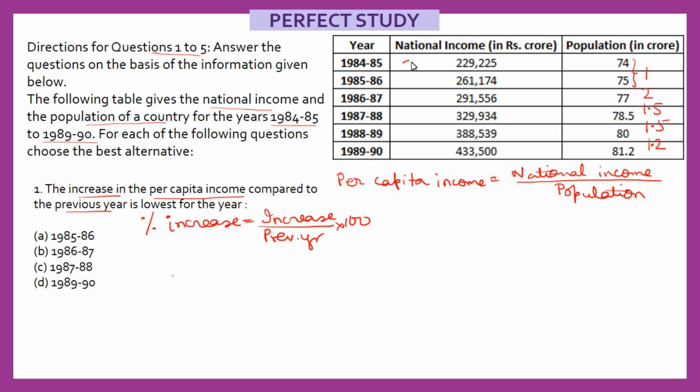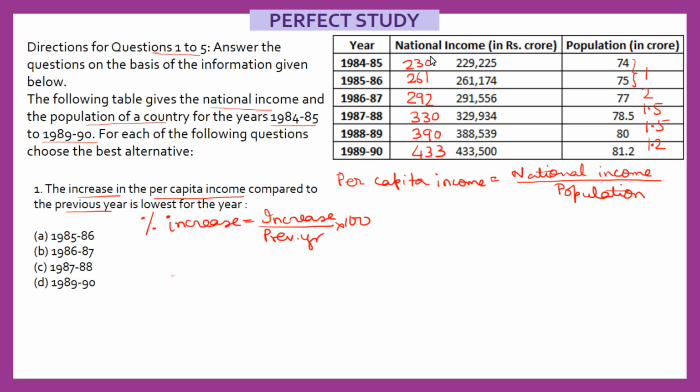So I will write here 230, 261, 292, 330, 389, which I will round off to 390, and this I'll keep as 433. So these are our rounded off figures for national income.